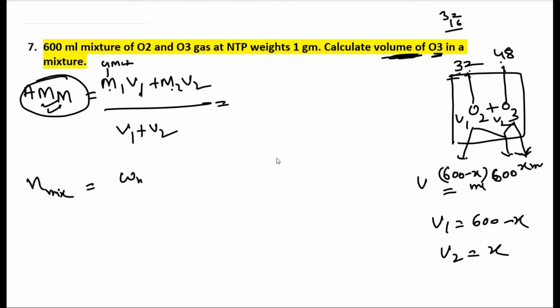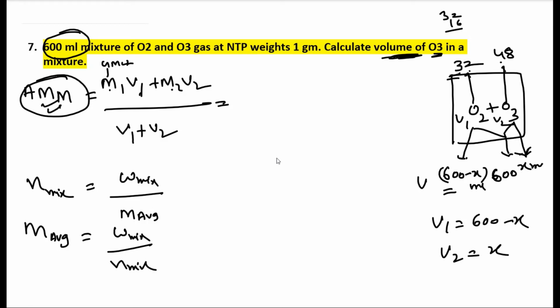The volume is given. Please closely observe this, very important. The average molecular mass is equal to weight of mixture by number of moles of mixture. So how to calculate the number of moles? I already told you the formula.